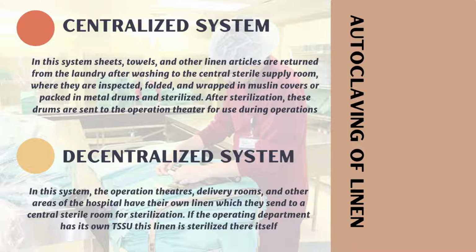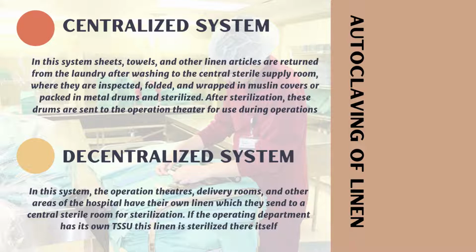As you can see, in the first one, all the sheets, towels, and linen articles are collected, returned from the laundry after washing to the central sterile supply room, and after they get inspected, folded, wrapped in muslin covers, packed in metal drums and sterilized, they are sent to different operation theaters or delivery rooms.